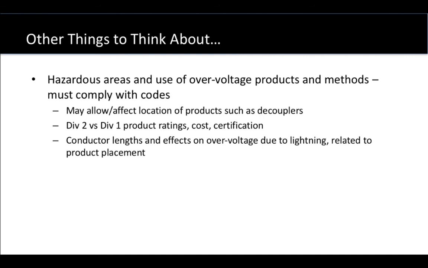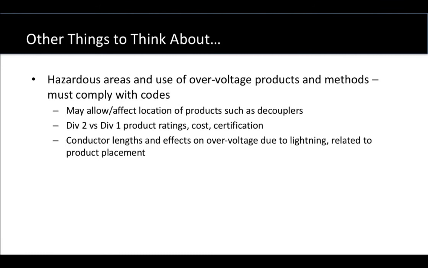The issues are that an appropriate product must be rated and chosen and installed to match the classification of that site. So if you need to protect an insulated joint, it might be classified as a Div 2 site. You would use a Div 2 rated product, and that's a certified product for that installation. What you would not want to do is have a classified Div 1 site, but not want to purchase a Div 1 product, and instead say, I'll just buy a Div 2 device, and I'll move it outside of the Div 1 area and connect it all with longer leads.